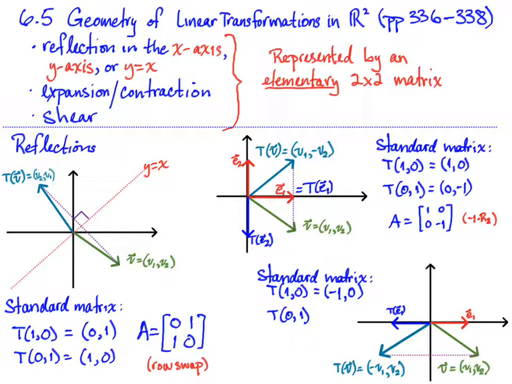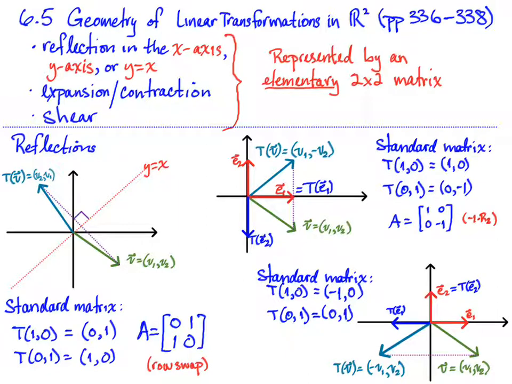If we look at the second standard basis vector, E2, its components are 0, 1, and we reflect that across the vertical axis. Well, it's sitting on the vertical axis, so it's not going to change at all. So T of E2 is just E2. So T of 0, 1 is 0, 1.